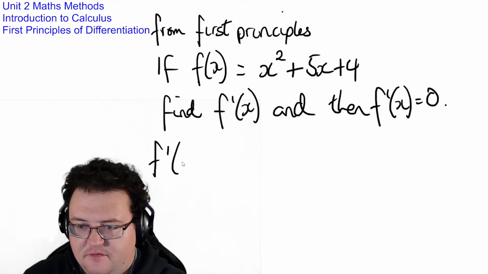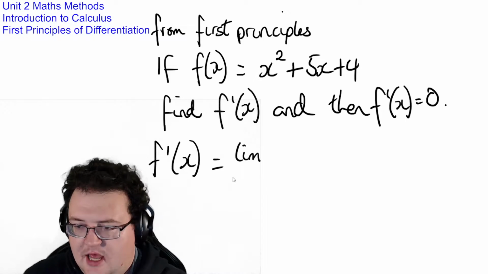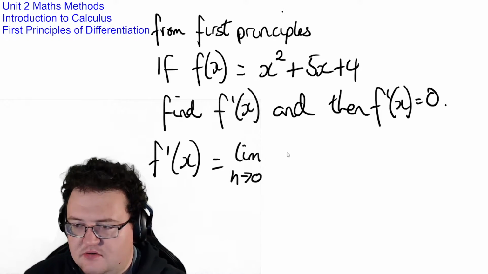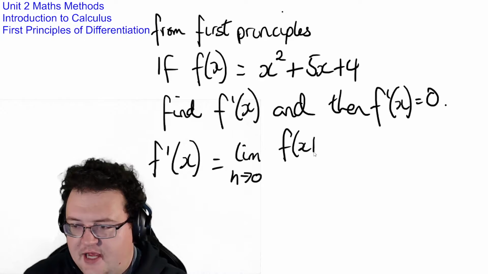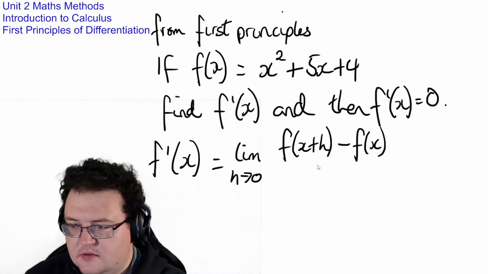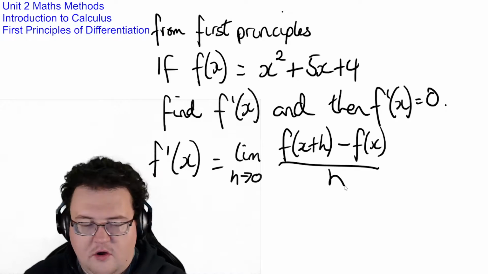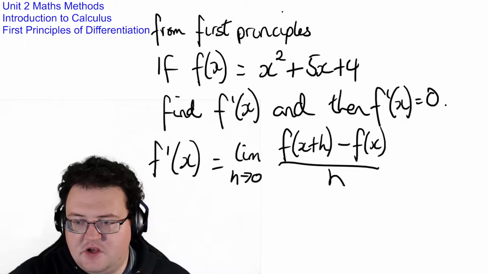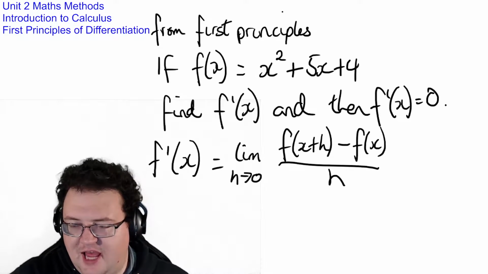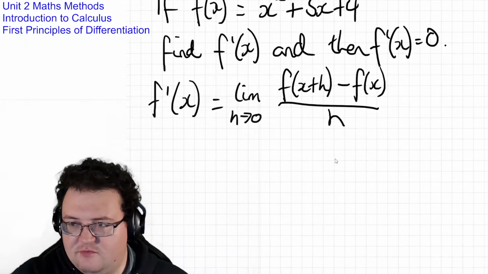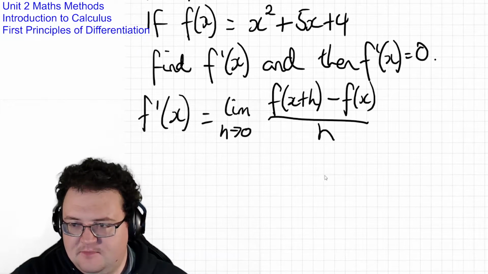First principles. The formula is f dash x equals the limit as h approaches 0 of f of x plus h minus f of x, over h. So first things first, we need to find f of x plus h so that we can write it in.